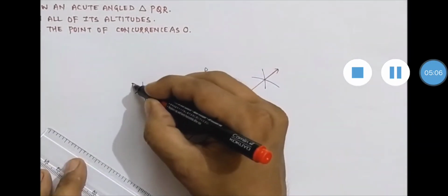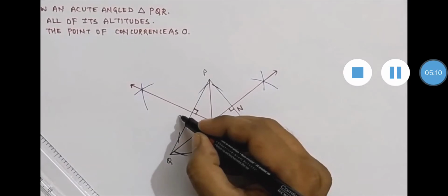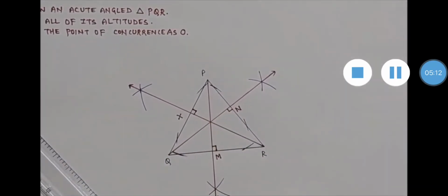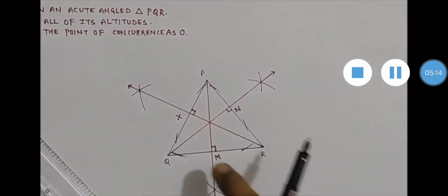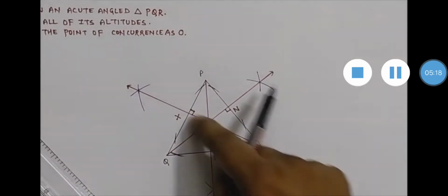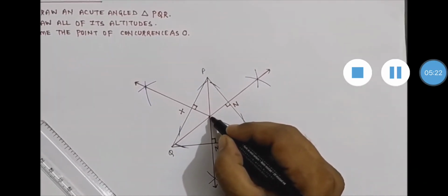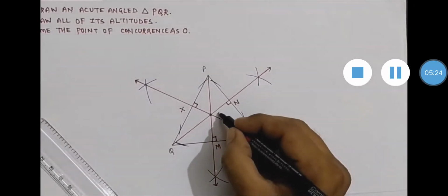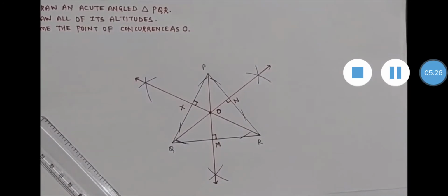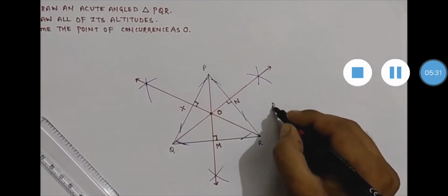Can you see now? All three lines are passing through one common point which is inside the triangle. Name this point as O. This point is called the point of concurrence and it is called the orthocenter.